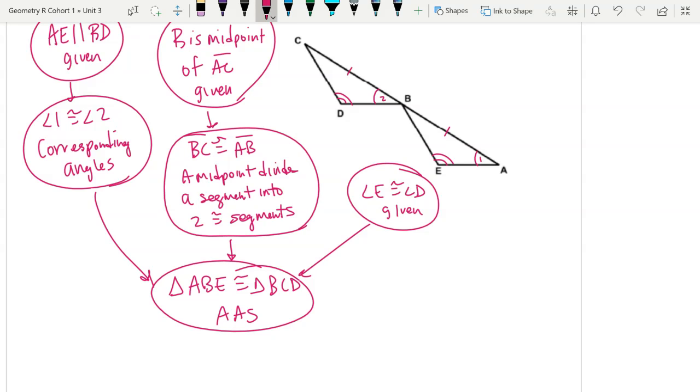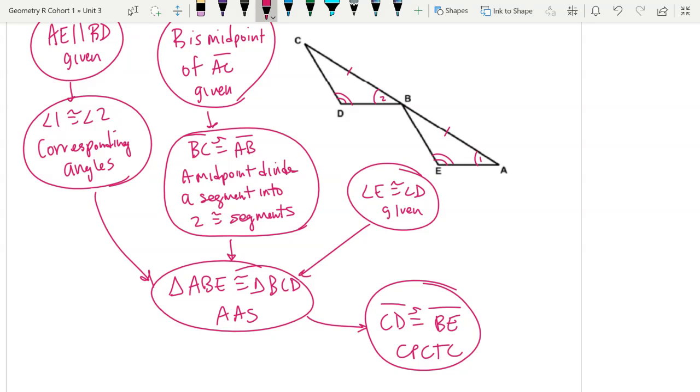Now that I have the triangles are congruent, all of their corresponding pieces are congruent, meaning I can say that CD is congruent to BE by CPCTC. Corresponding parts of congruent triangles are congruent. All right, let's keep moving.